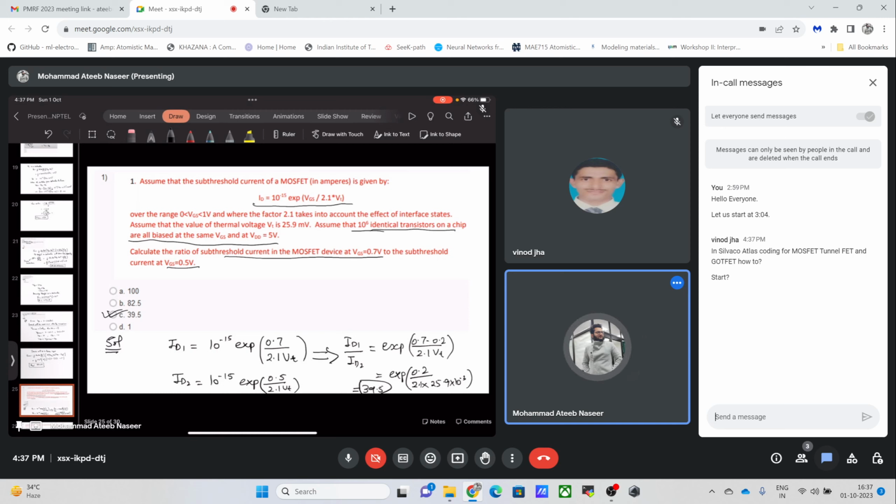Mr. Vinod, I do not have that much expertise in Silvaco Atlas, but still I would suggest that all these things are present in the examples itself, these tunnel FETs or even the simple FETs or the GaN HEMTs or the gallium arsenide HEMTs based devices, even the diodes are present in the examples in Silvaco Atlas. I would suggest you go through the manual first and then the examples.